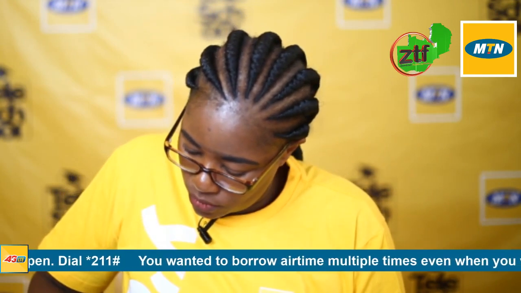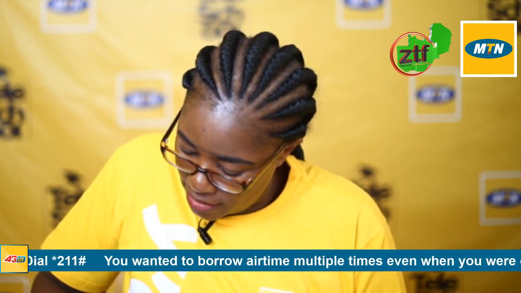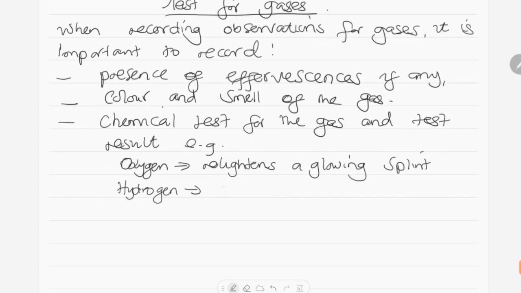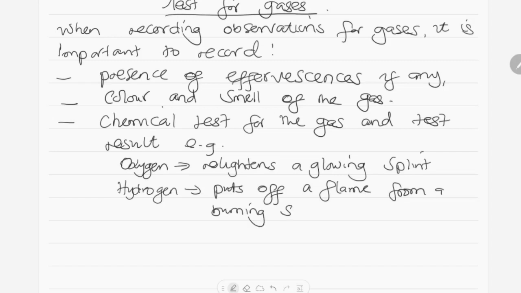Hydrogen. The identity test for hydrogen is that it puts off a flame from a burning splint with a pop sound.